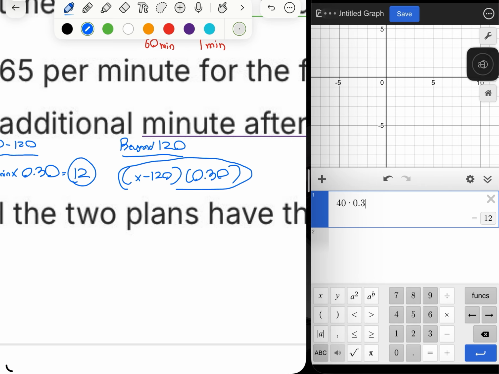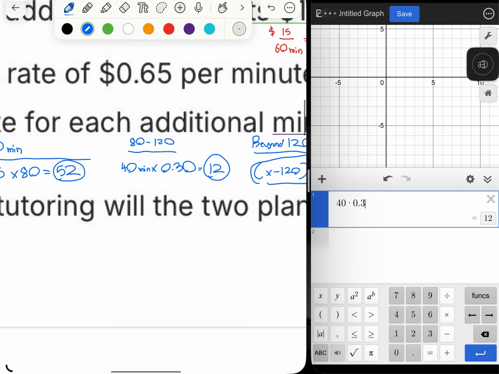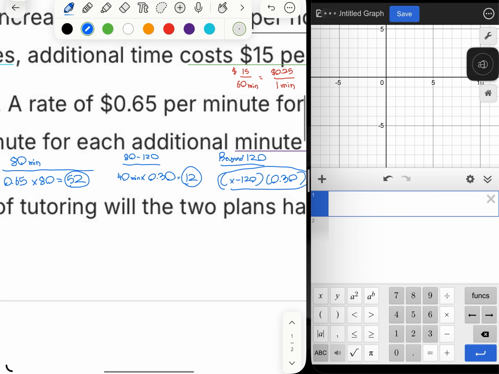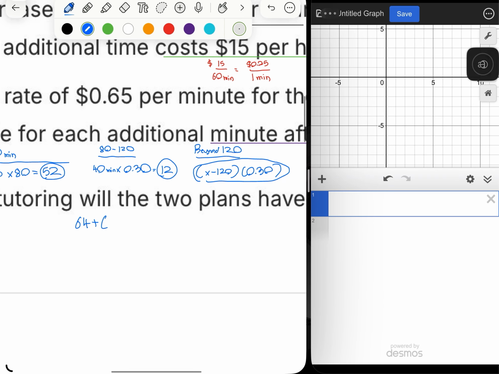Now we have our total cost equation for plan B, which is 52 plus 12, so 64, plus 0.30 times x minus 120.